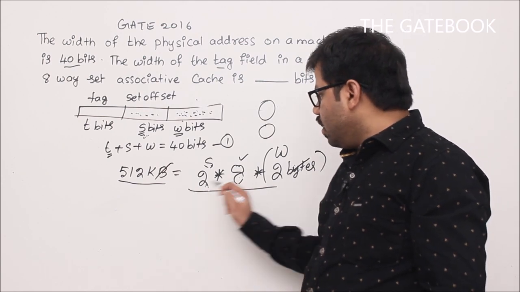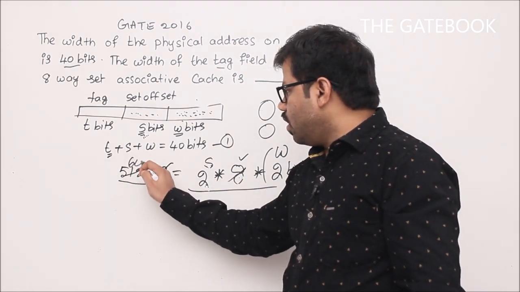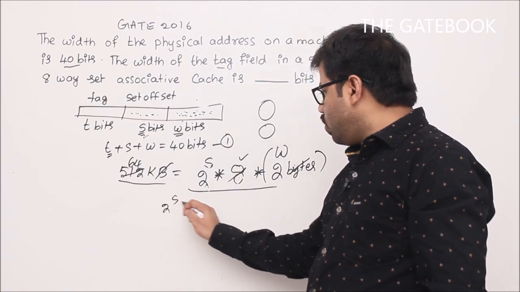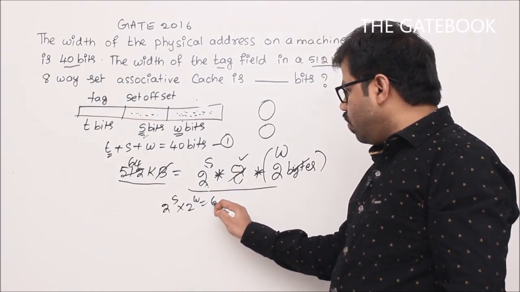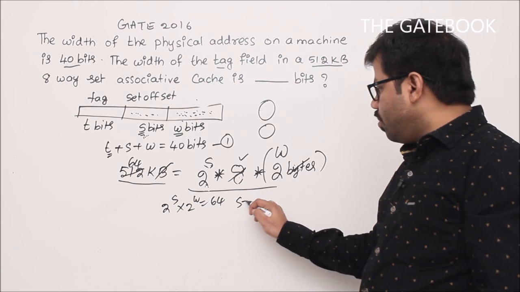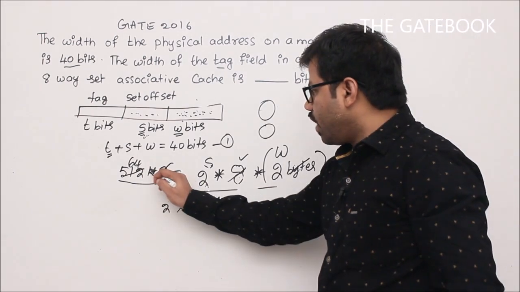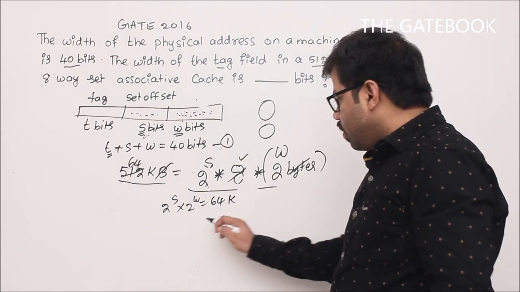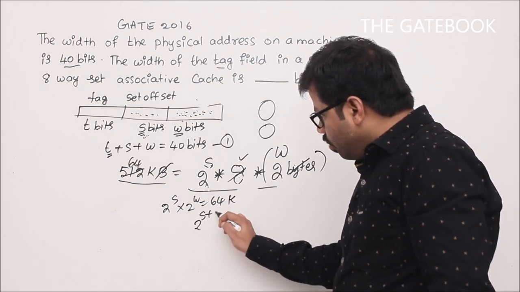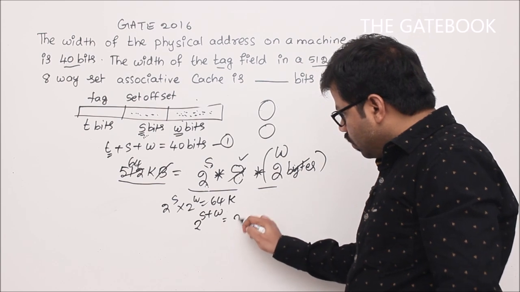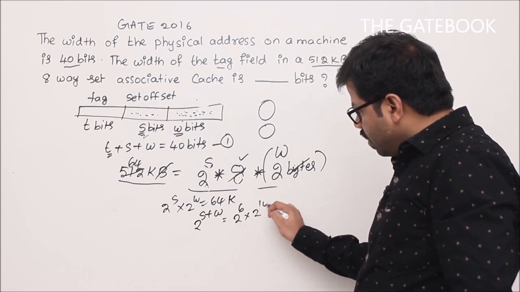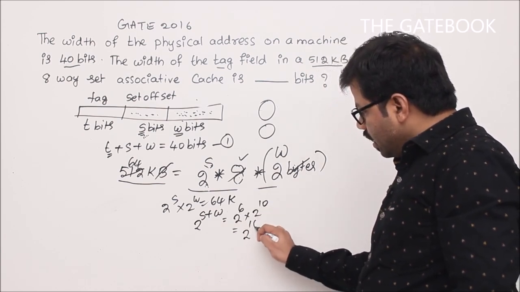Let us simplify it. 512 by 8 is 64. Then you get 2 power S into 2 power W equal to 64K, right? Then if you simplify it, 64 is 2 power 6 into 2 power 10. So it would become 2 power 16.